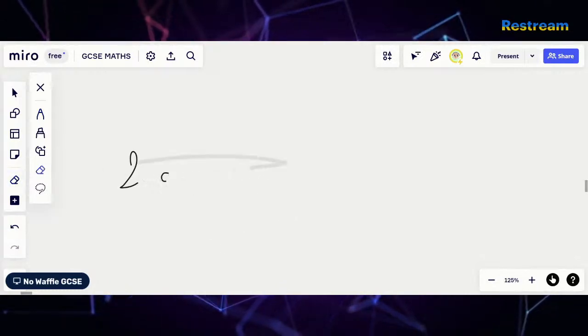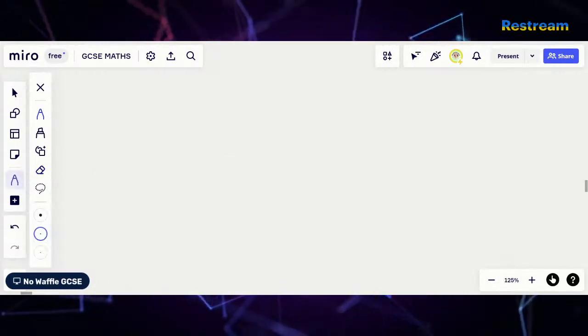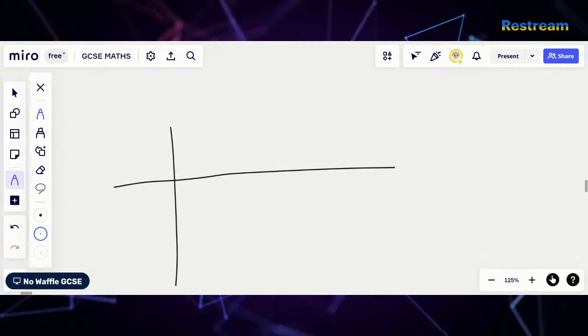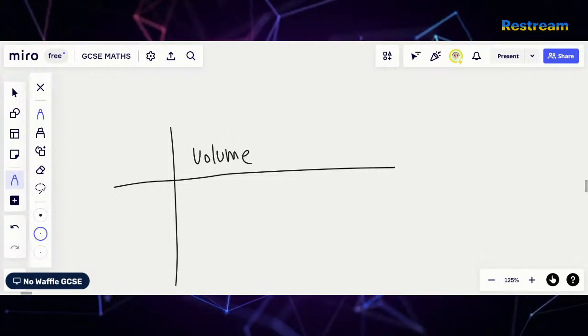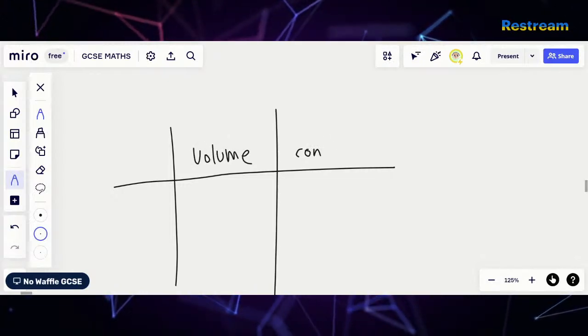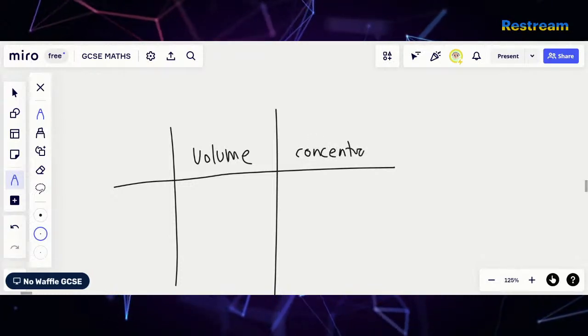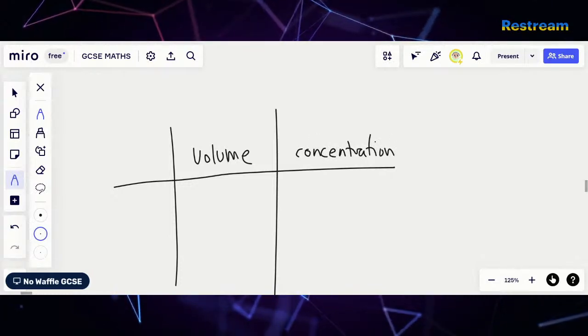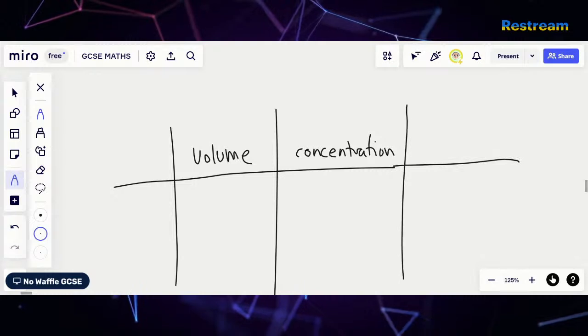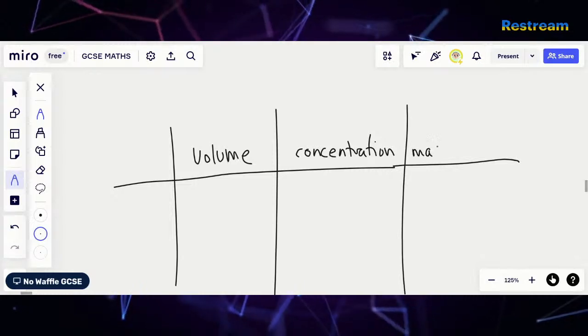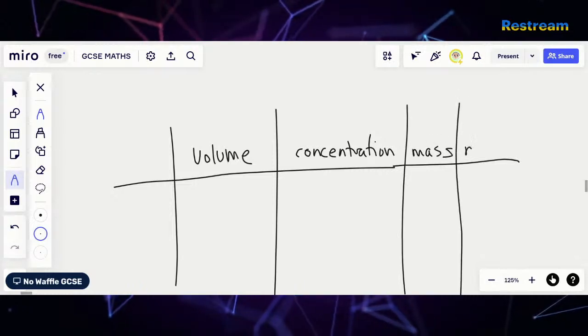So let's create a table using the information that we hear. Whenever you have a titration calculation question, it will normally give you a volume, concentration, and mass, or perhaps moles. I'll do columns for both in this case.